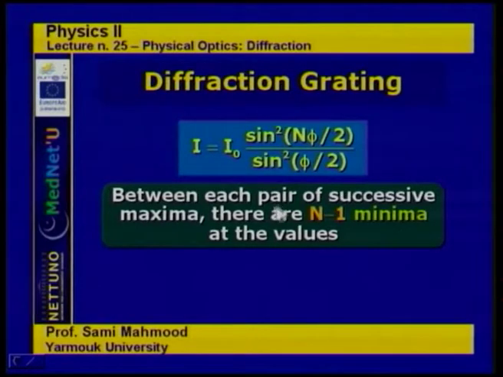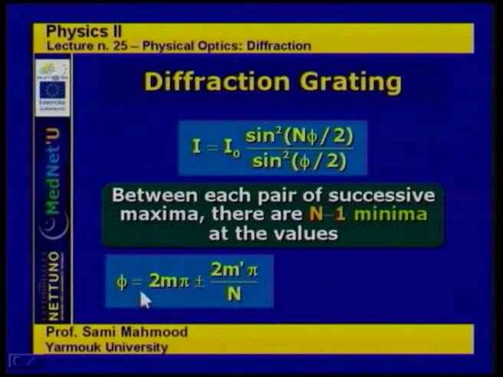And between each pair of successive maxima, there are capital N minus 1 minima, and these minima occur at phi equals 2m pi plus or minus 2m prime pi over N, where m prime is another integer.